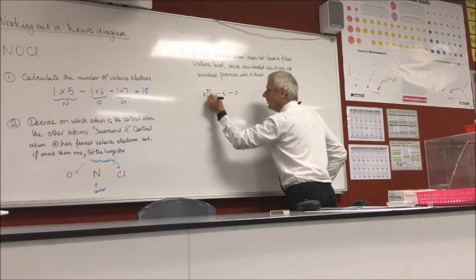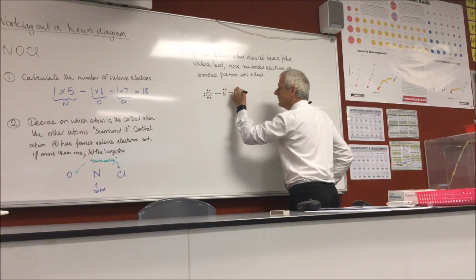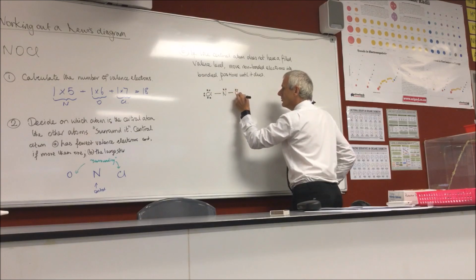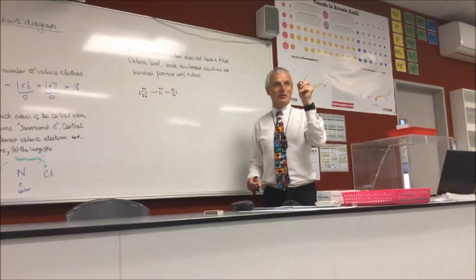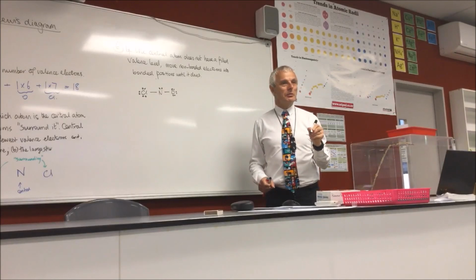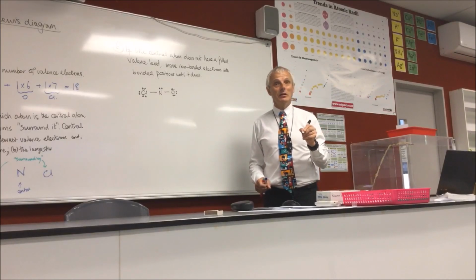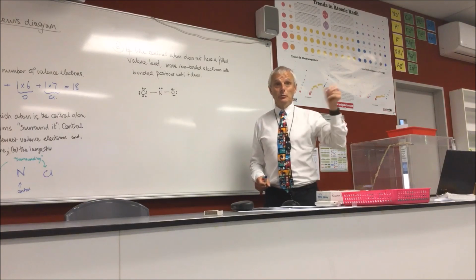By the way, one thing sounds incredibly pedantic, but when you're drawing the dots, you see how I'm doing a sort of circular motion to make proper dots? Do that. There is a tendency, particularly among boys, to just do do, do, do, do.